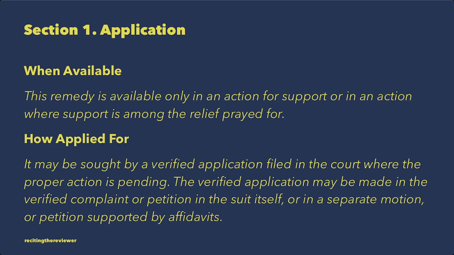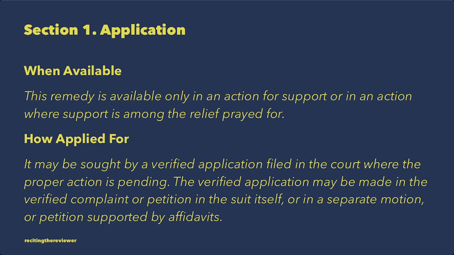Now, support pendente lite of Rule 61, if we read Section 1, this is the application of the provisional remedy. So when is it available? This remedy is available only in an action for support, or in an action where support is among the relief prayed for.